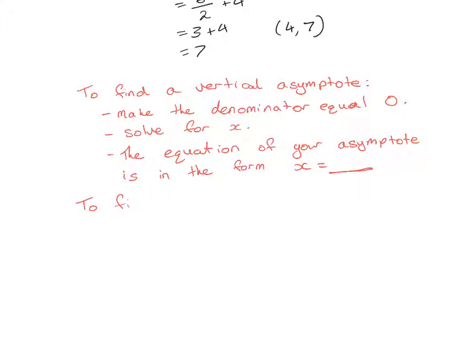To find a horizontal asymptote, I'm going to give you a general example.